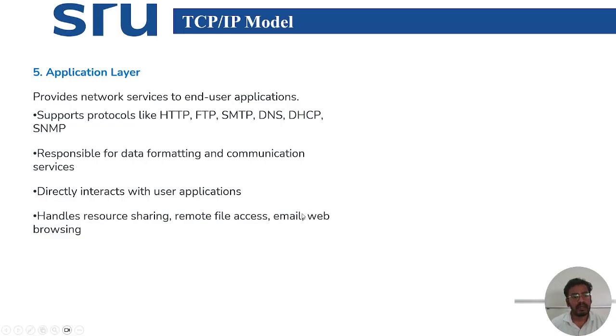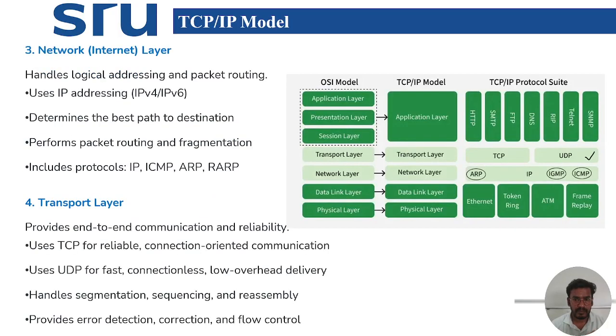It is responsible for data formatting and communication services. It directly interacts with the user application and handles resource sharing, remote file access, email, and web browsing. So these are the roles of the OSI model and TCP at different layers.